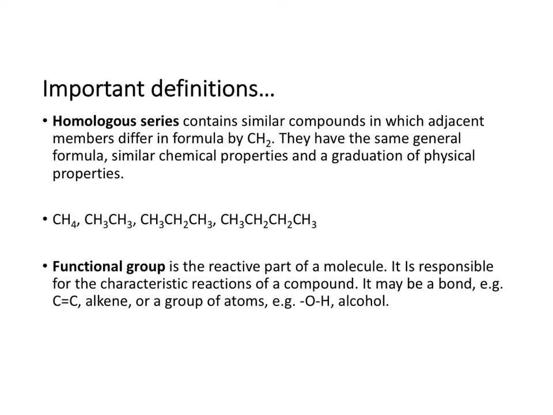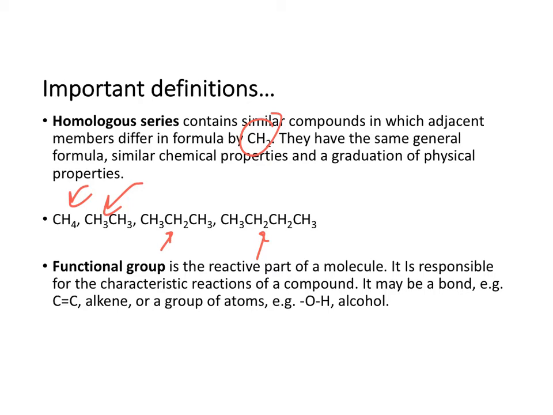And one series I've shown you there, this is the alkane series, and we start here with methane, which is the first one, CH4. The second one is ethane, we've added a carbon and we've added 2 hydrogens there, so they differ by CH2 as we go through. So those are the first 4 members there. The third one is propane and the fourth one is butane.